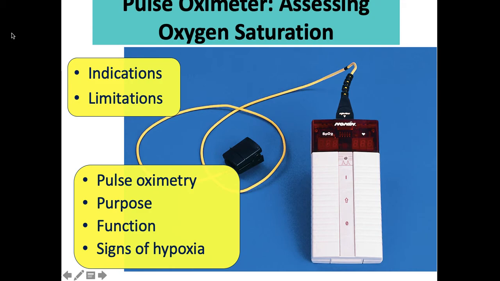What you might notice on the screen of this particular pulse oximeter, on one side of the red screen, it says SpO2, and that is the partial oxygen percentage. That's where the number 98% will show up. And on the other side, there's a little heart icon, and that's their pulse. And that pulse will show up. Now, this is not a pulse checking device. The reason why the pulse shows up on the screen is that you can feel their pulse.